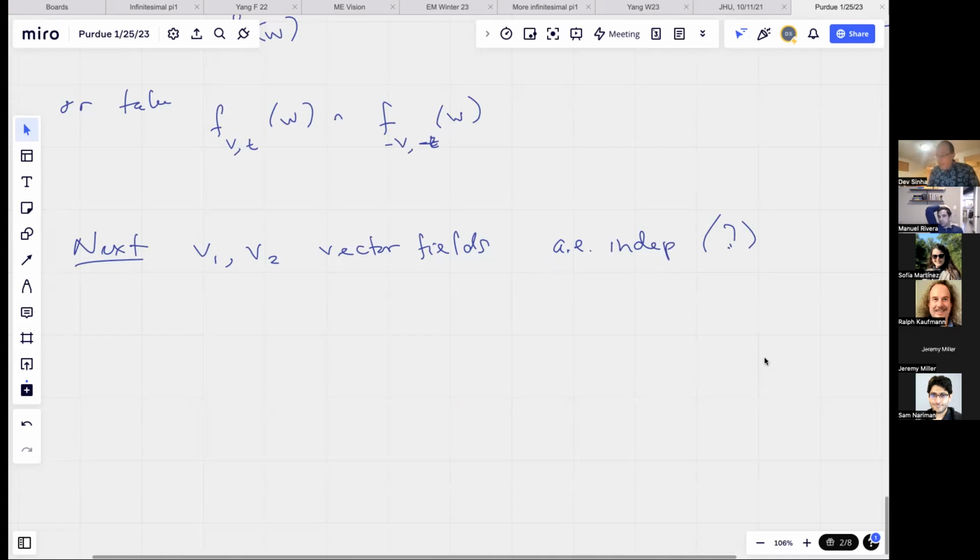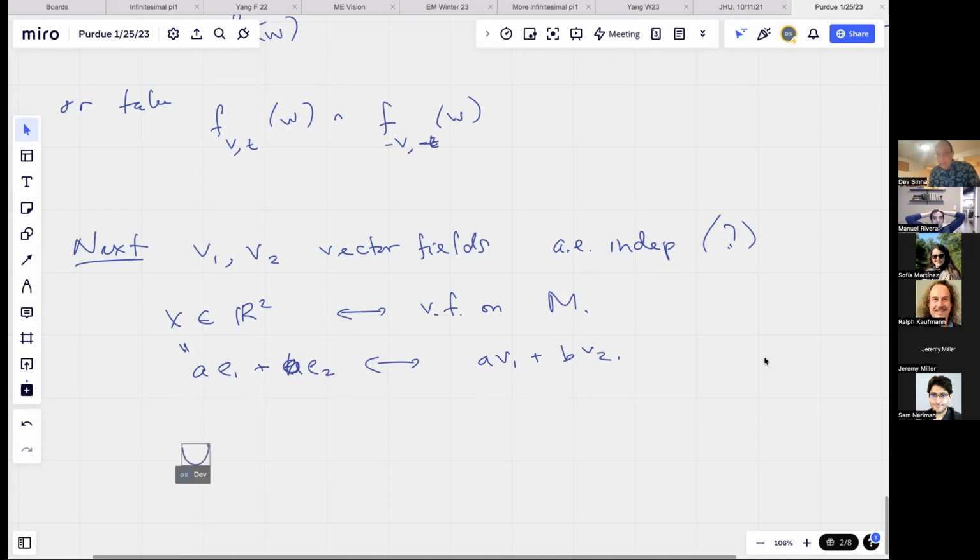Then if I have any x in R2, I can get a vector field on M by taking, if x is, say, a times the first basis vector plus b times the second basis vector, then I'm just going to take a times v1 plus b times v2.